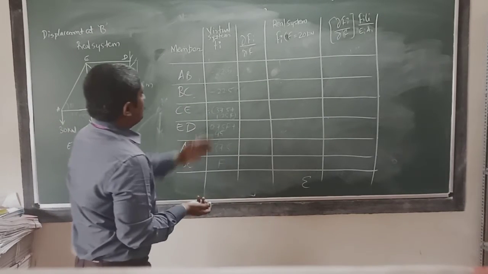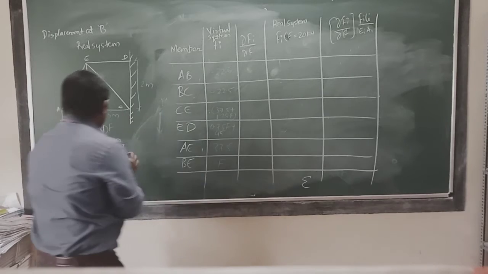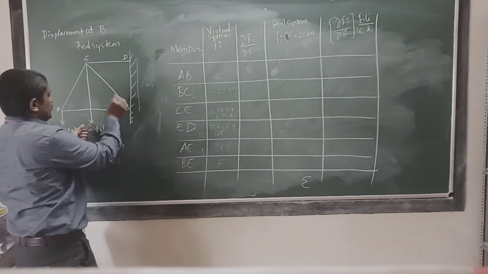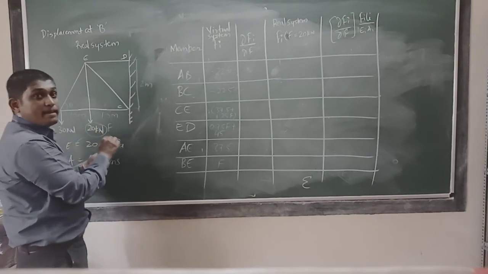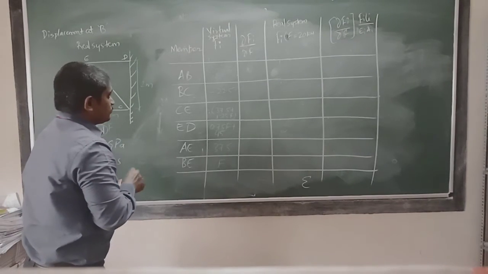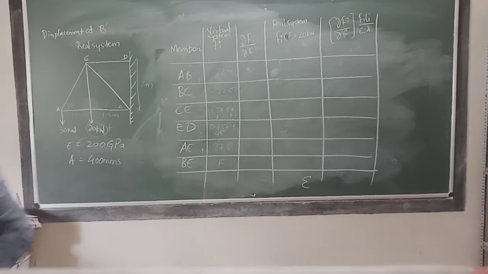So these are the member forces which we have got according to the virtual system. If you consider the 20 kN, it will become real system.